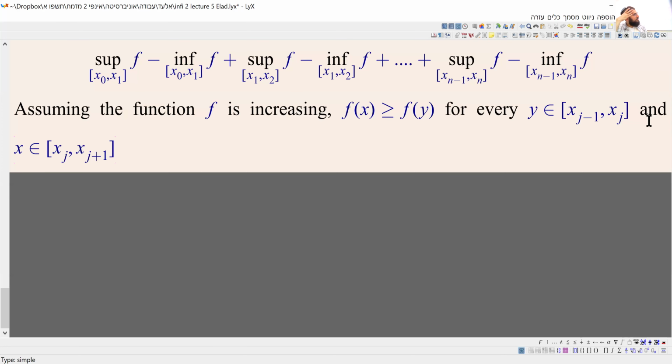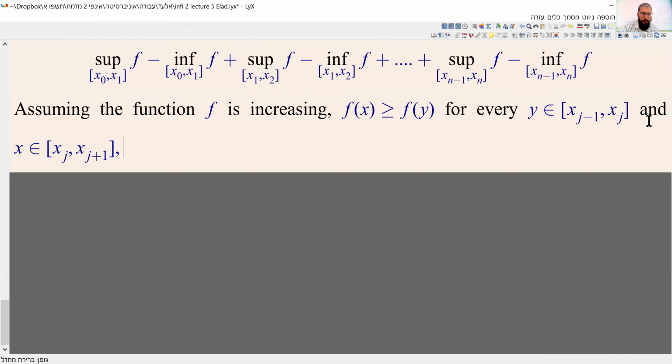The function is increasing because every y in one subsegment is smaller than every x in the next subsegment. The function behaves respectively. f(x) will be larger than f(y).